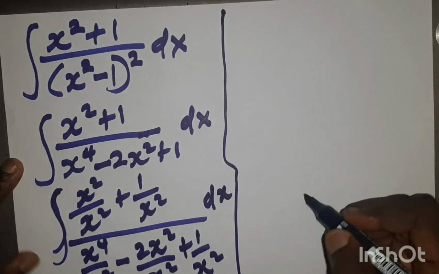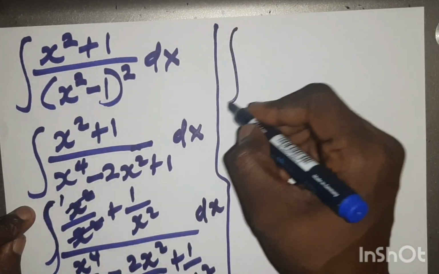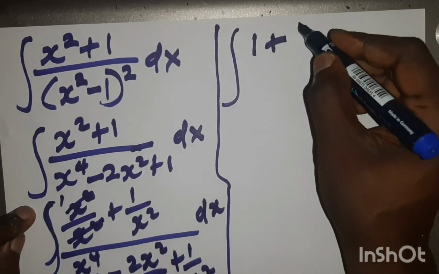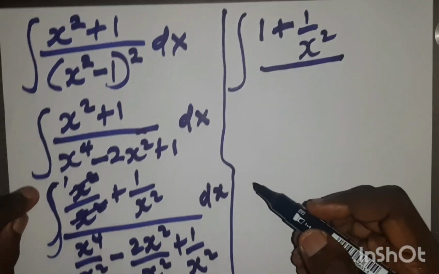Then so this cancels out, we get 1. So I have the integral of 1 plus 1 over x raised to the power 2, everything over.